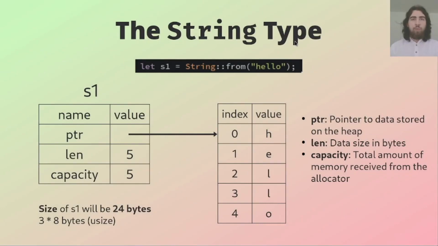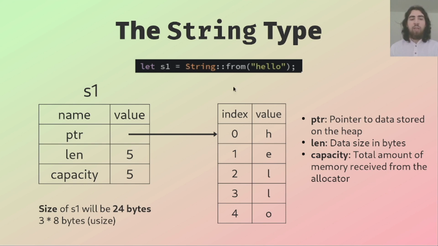We have seen that the String type is a three-word object holding a pointer to the actual data stored in heap memory, the length, which shows the length of the string, in this case 5, and the capacity. And the capacity, as you can see here, is the total amount of memory received from the allocator.